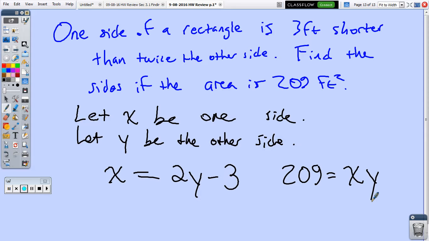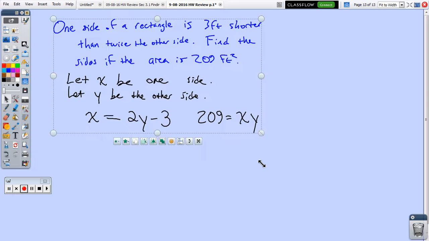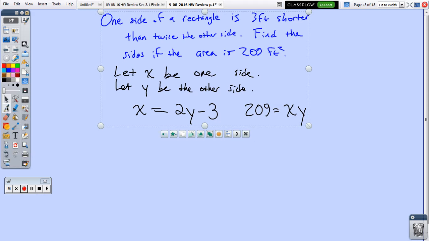One side of a rectangle is 3 feet shorter than twice the other side. Find the sides if the area is 209 square feet. So x times y is 209. I'm going to substitute this into my x. Please don't talk.